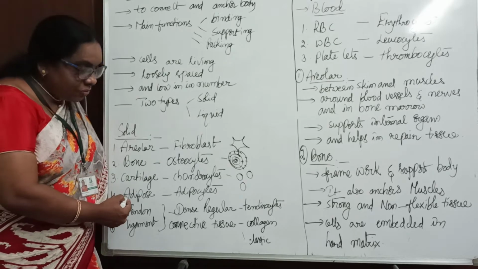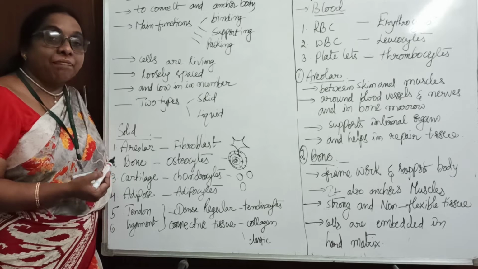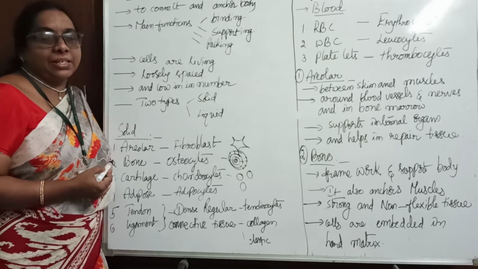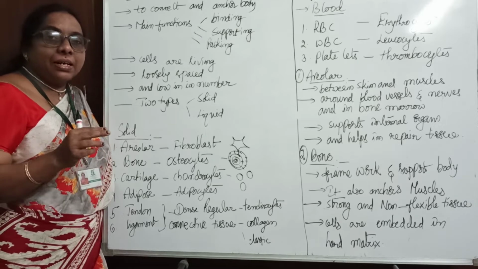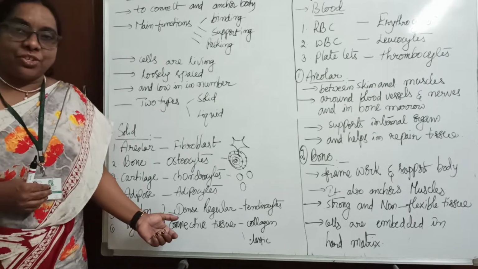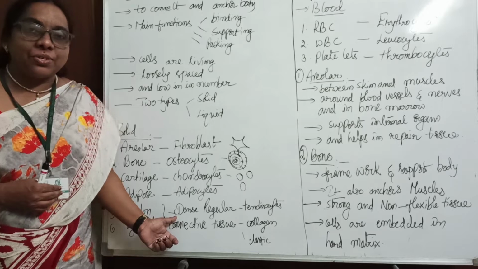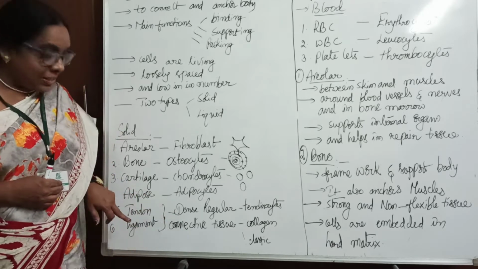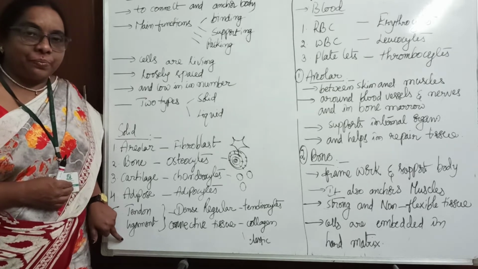The fourth one is adipose tissue, which is nothing but fat tissue, and the cells are called adipocytes. The last two, the 5th and 6th, we will call dense connective tissue, and they are further classified into two: one is tendon and the other is ligament.